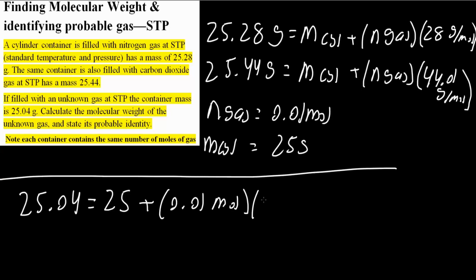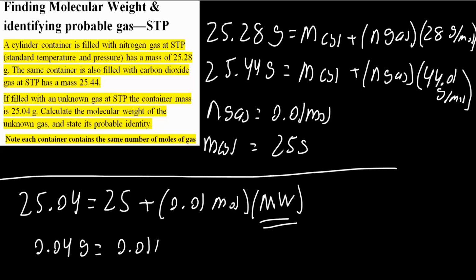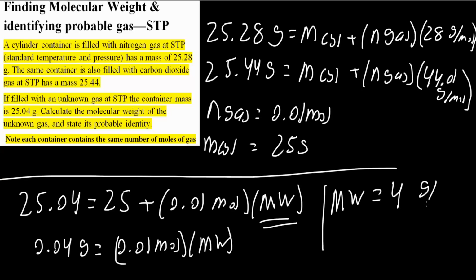This is what we want to find. We want to find the molecular weight. So if we subtract 25 here, we would get 0.04 grams is equal to 0.01 moles times molecular weight. Divide by moles, and we would get that the molecular weight is equal to 4 grams per mole.